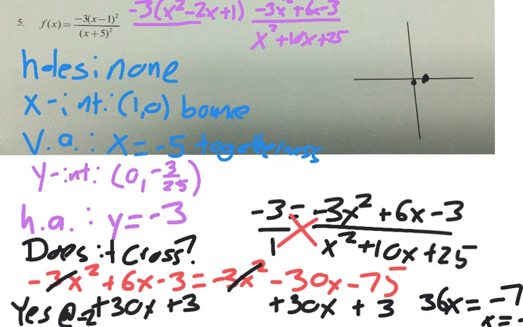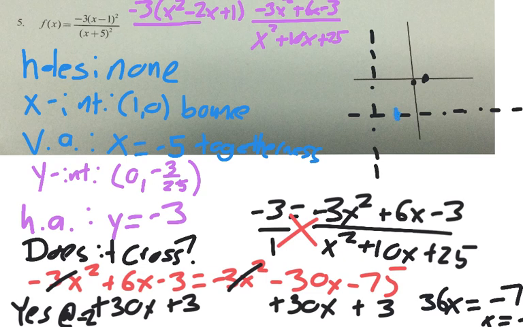I know I have a horizontal asymptote at y equals -3, somewhere here. I have a vertical asymptote at x equals -5. I'm going to draw that right here. And I know we cross the horizontal asymptote at -2.